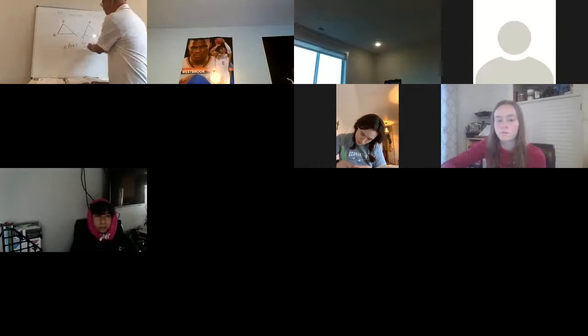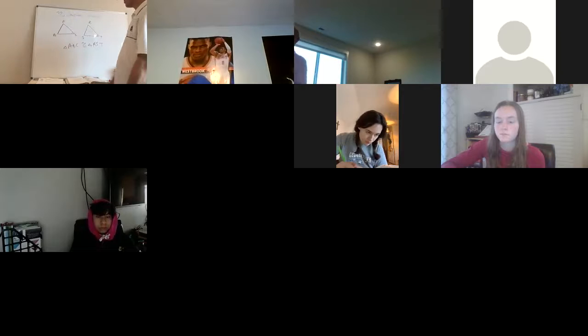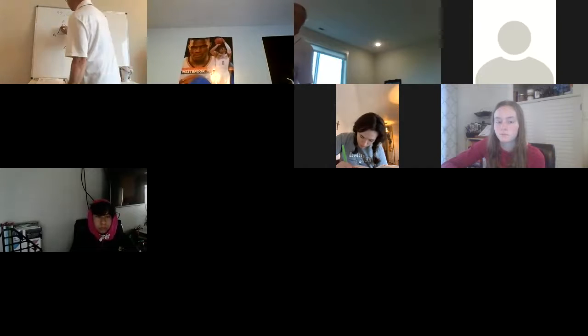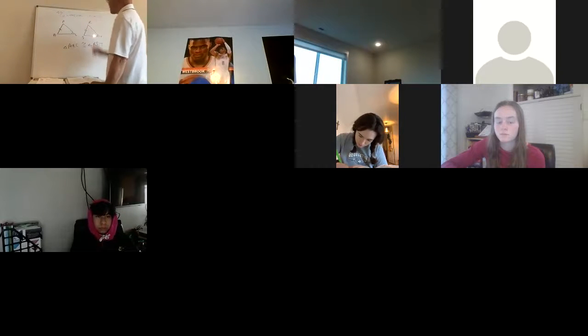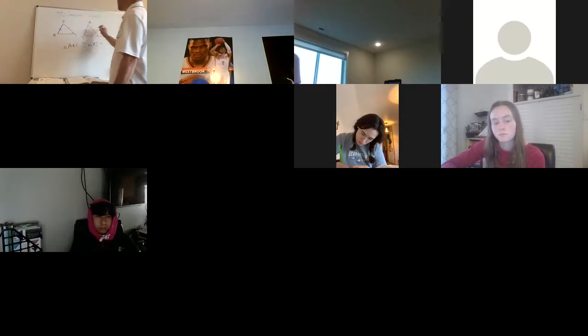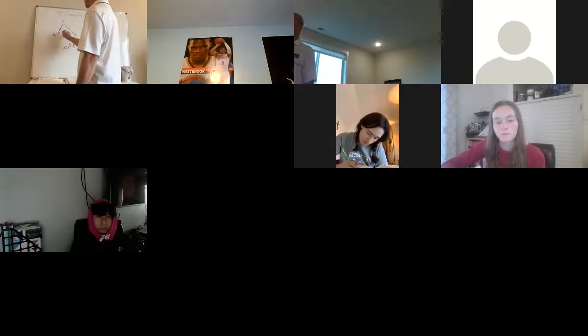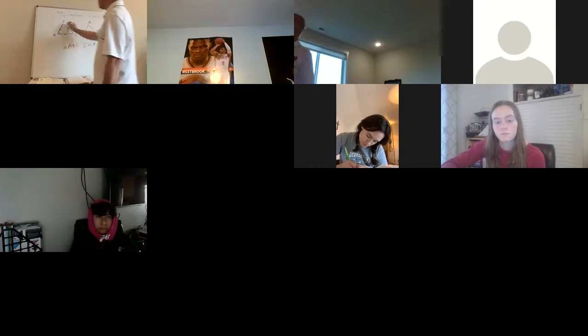In other words, they have to be matching the corresponding parts. The corresponding part to AB would be RS, and AC would be RT. So this side and this side are the same, and this side and this side are the same. Same thing with the angles: this angle and this angle are the same, this angle and this angle are the same, and this angle and this angle are the same.